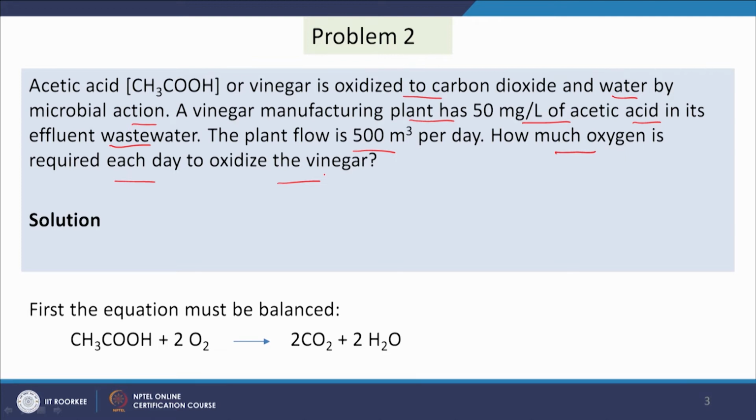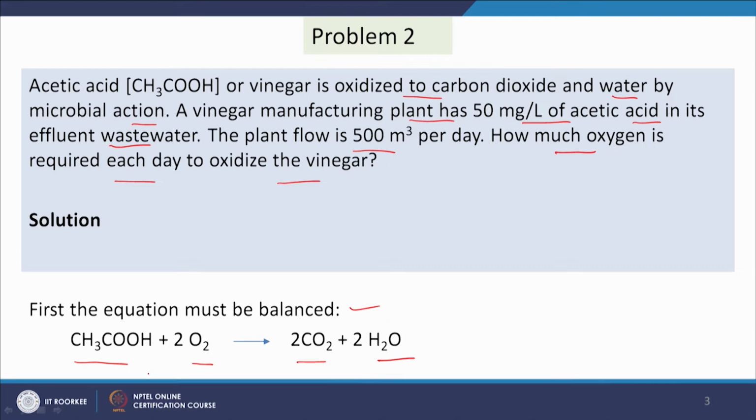We will write the stoichiometric equation, then do the mass balance and balance the equation, and then find out the oxygen requirement for the degradation. First, the equation must be balanced. Acetic acid reacts with oxygen and gives carbon dioxide and H2O.